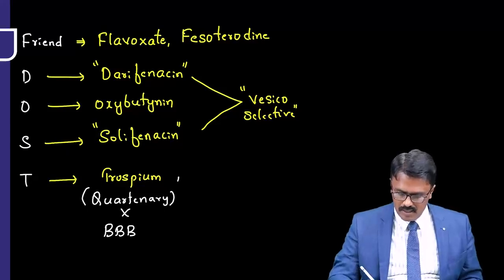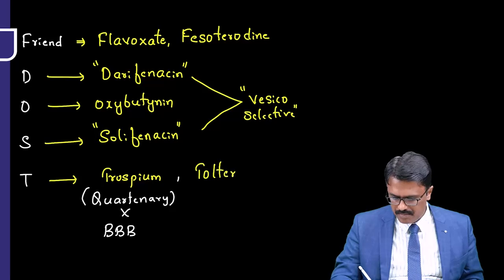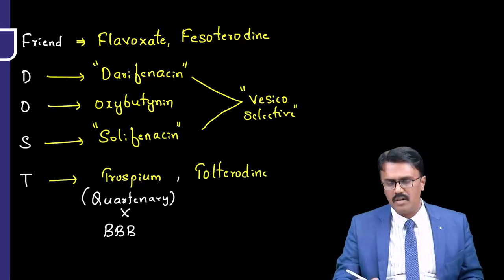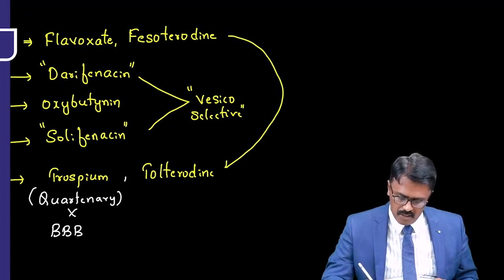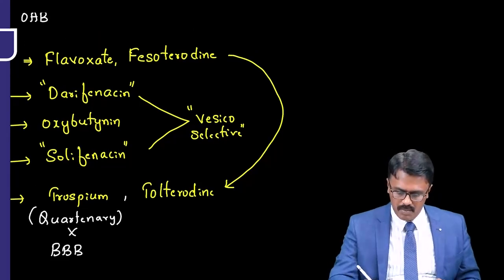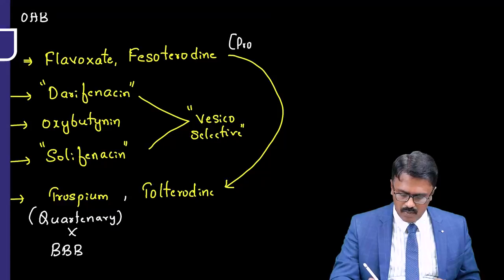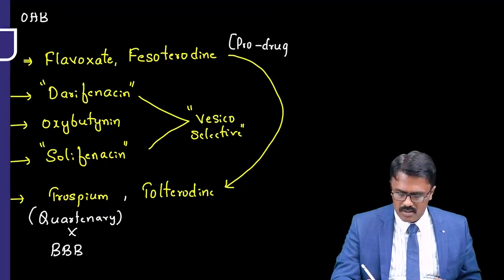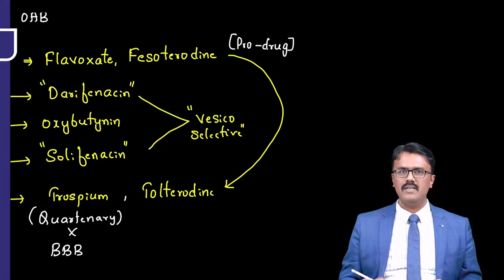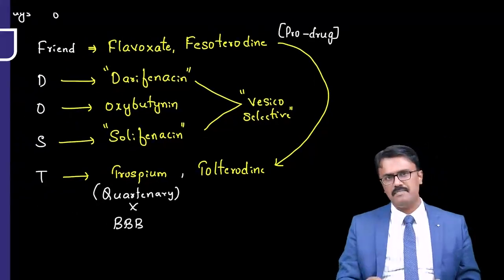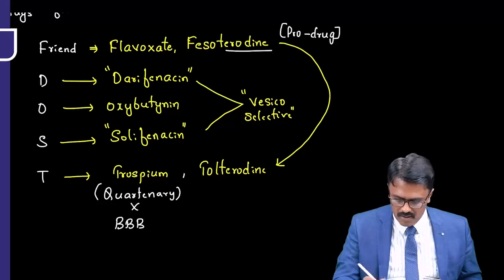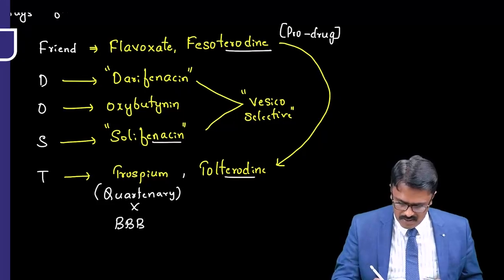Another drug is by the name tolterodine. So we have fesoterodine and tolterodine. One more specialty I will tell you: fesoterodine will give rise to tolterodine, and remember, fesoterodine is a prodrug. A prodrug is inactive, and after metabolism it becomes active. So please remember the ones that end with -terodines or with -fenacins. The other things you have to remember are flavoxate, oxybutynin and trospium.